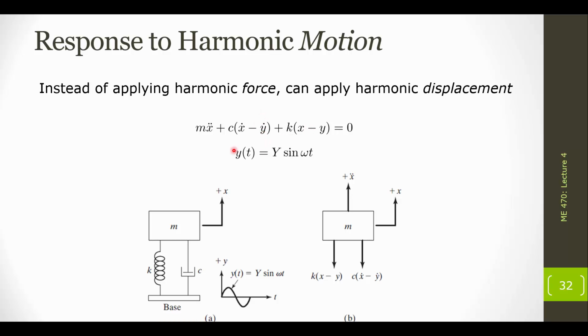But again, we know what y is because we are going to be defining it here. So finding y and putting it into this equation, and y dot and putting it into this equation, is pretty straightforward. So what we're going to be interested in is, what is the solution to this equation of motion for x of t?